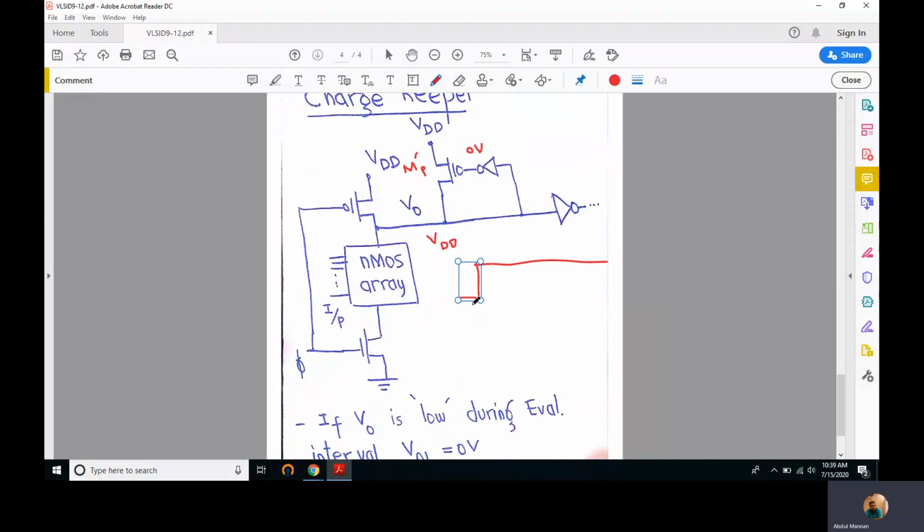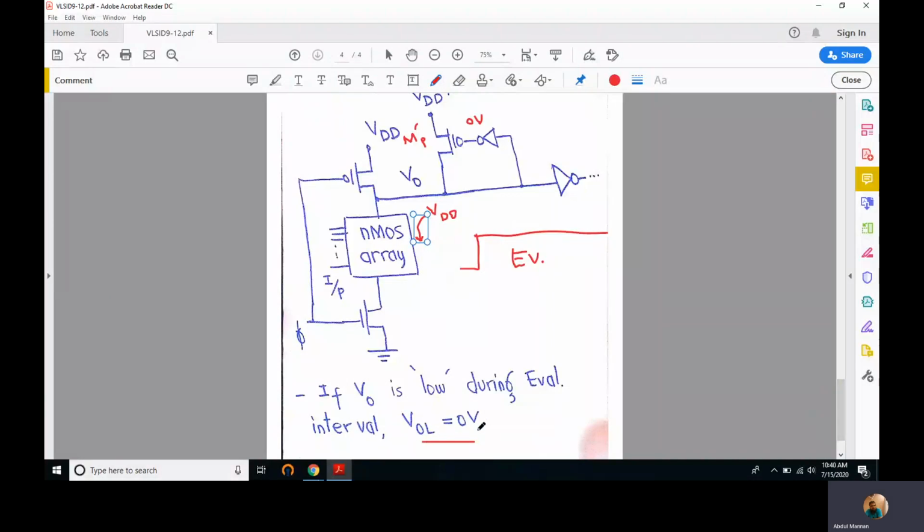If in this evaluation interval the input to this NMOS array is such that the output has to be at 0 volts, then if this VDD somehow discharges through this NMOS path, and it is below a certain value, maybe below VM, the middle voltage, the output is 0, and we get a VOL that is 0 volts.